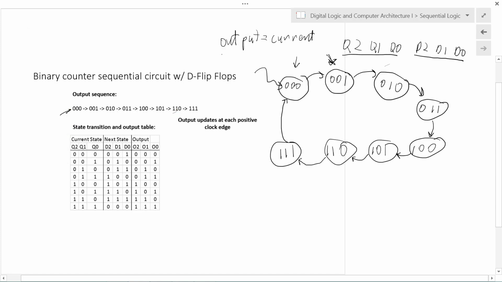What does this imply? This implies that O2 equals Q2, O1 equals Q1, O0 equals Q0. And what we have is a truth table. We have 3 input variables and 6 output variables for our Boolean logic.